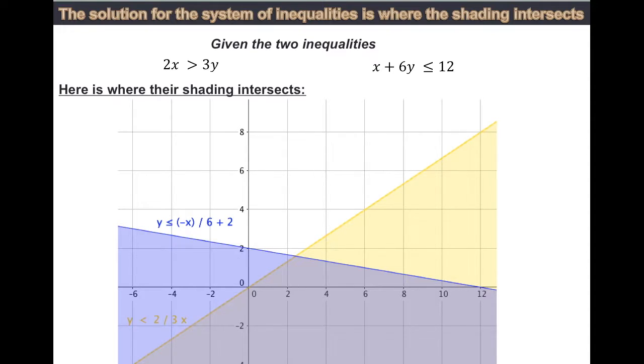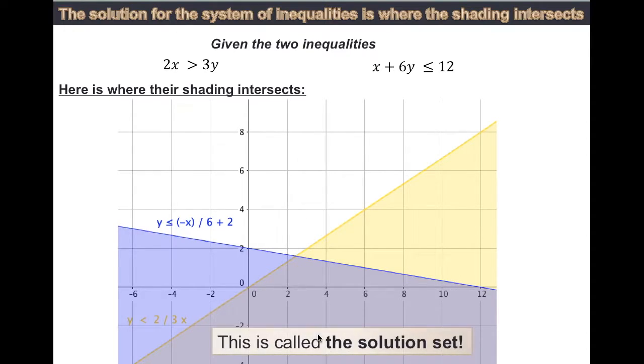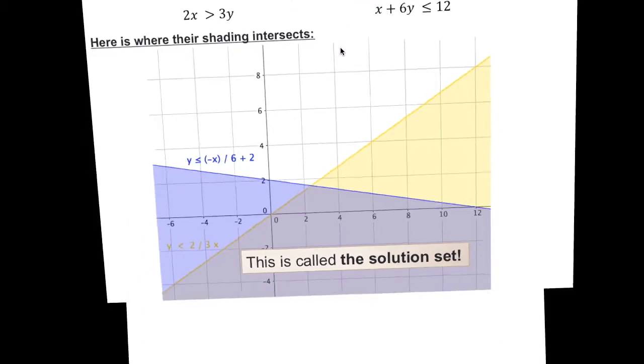And as you can see here, where the purple meets the yellow is down here. And this is called the solution set. For this chapter, we're going to call this the solution set. So any point where these intersect is what will make both of them true.